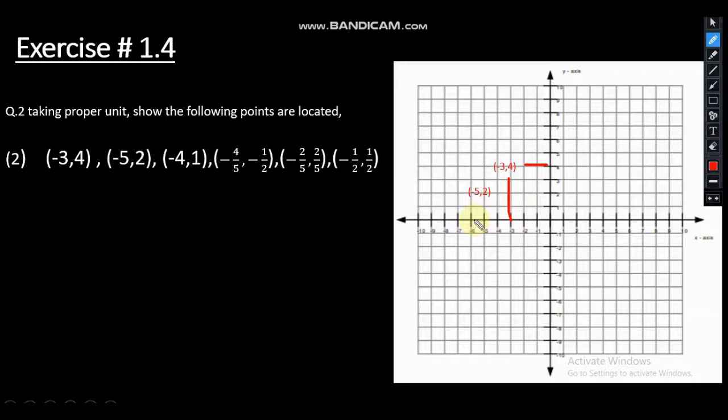Minus 5 is on the negative x-axis and 2 is in this direction, so both lie in the second quadrant. Now minus 4 in the x-axis direction, and plus 1 in the y direction, so we can write here in this quadrant.